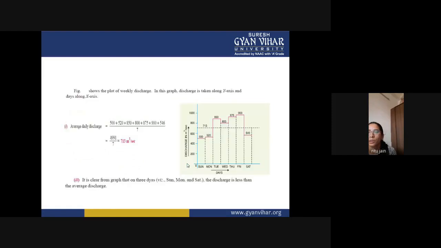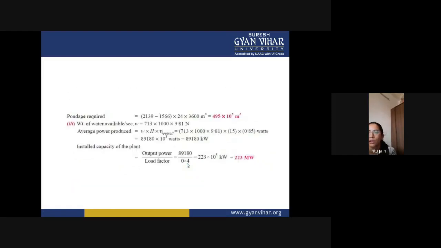This 40% is your load factor, so this is divided by 0.4. Now you will get the installed capacity is 223 into 10 to the power 3 kilowatt, which is 223 megawatt. So if you're proposing that plant, the installed capacity of this plant will be 223 megawatt.